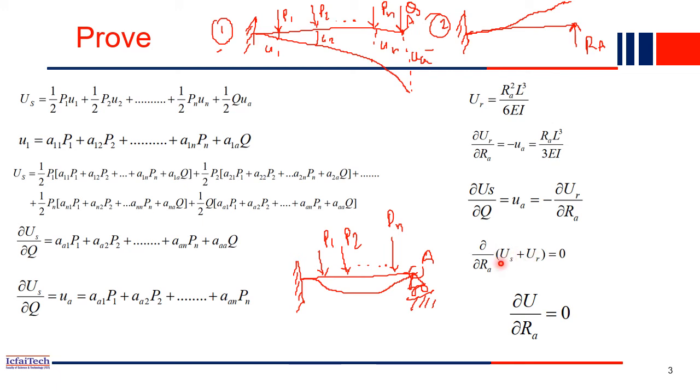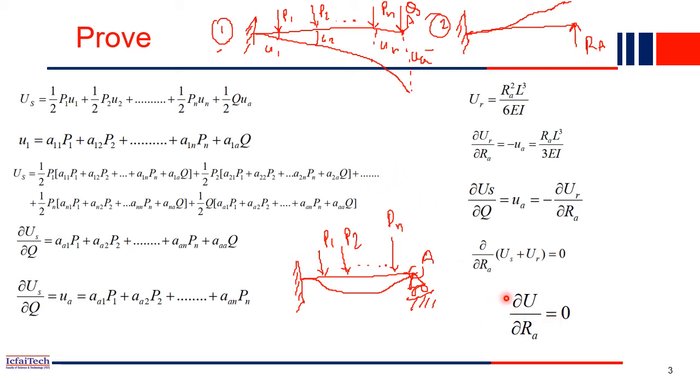US is the strain energy because of P1, P2, P3, and UR is the strain energy because of only RA. But in the real structure, both are acting together, right? So the total strain energy is the strain energy because of P1, P2, P3, that is US, plus UR. So US plus UR is the total strain energy of the structure, and the derivative of U with respect to RA is zero. That is our theorem, the principle of virtual work theorem.